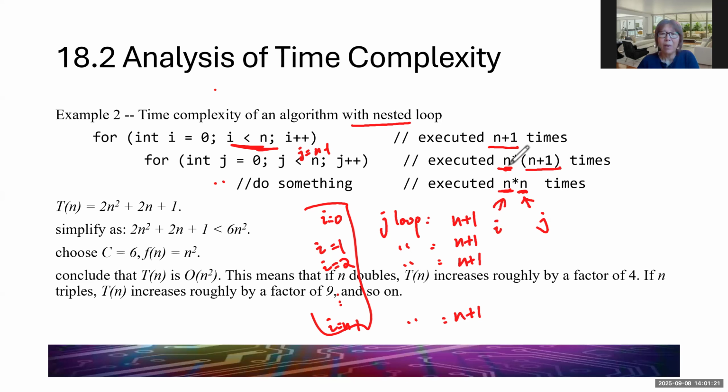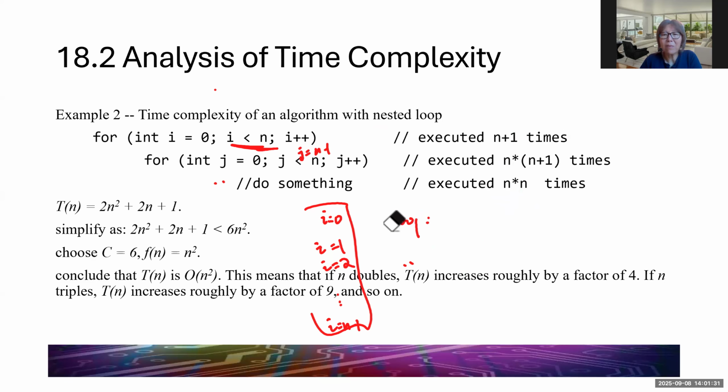After we analyze the total times each statement will be executed, we can sum them. So we have 2n squared.